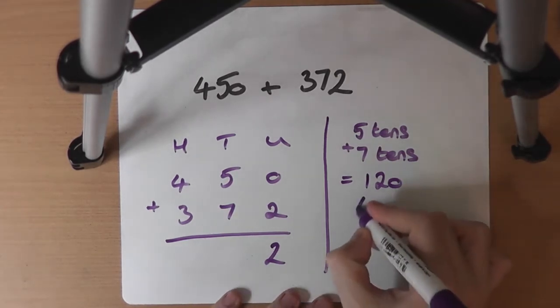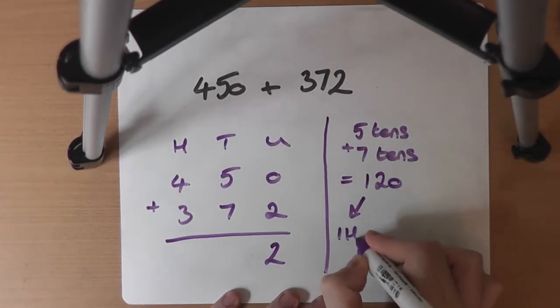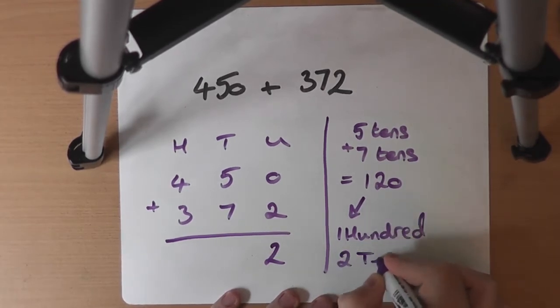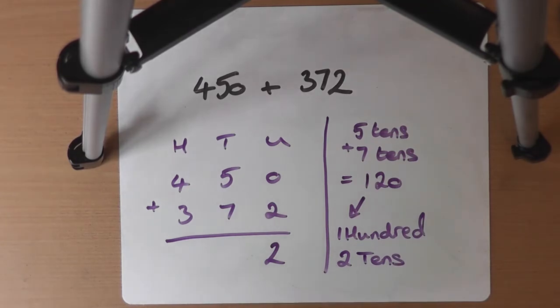120 is 100, a 1 in the hundreds, and 2 tens, a 2 in the tens. And that's what we have to transfer to our column addition grid.